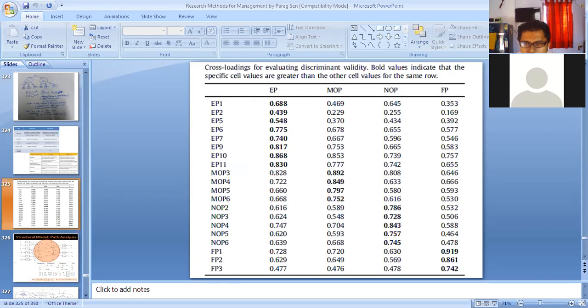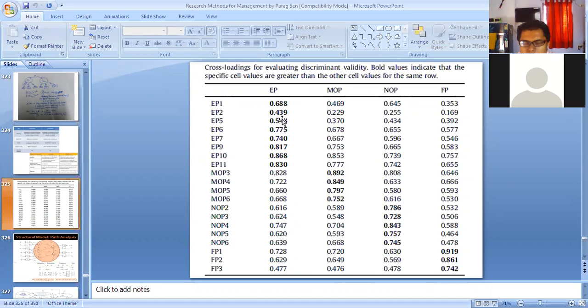Now you can see that EP1 is very highly loaded onto EP, but weakly loaded onto MOP, NOP, and FP. This is the highest value. Similarly in case of MOP, the highest value is this. In case of NOP, the highest value is like this. For FP, the highest values you can find here.